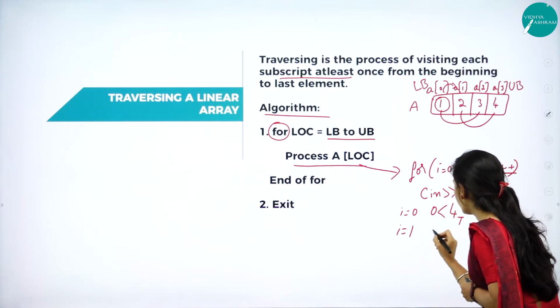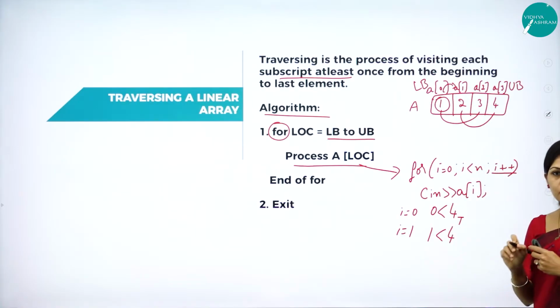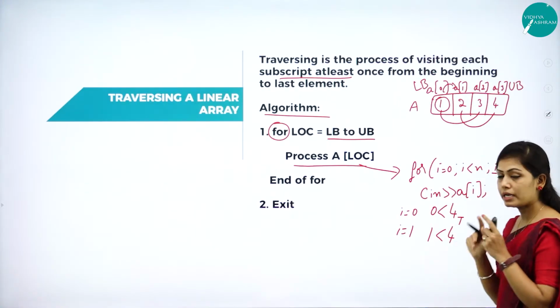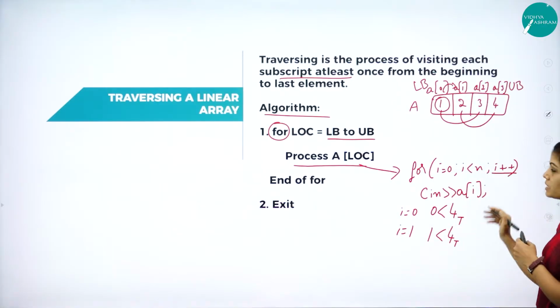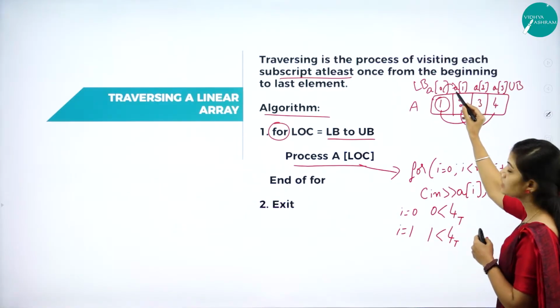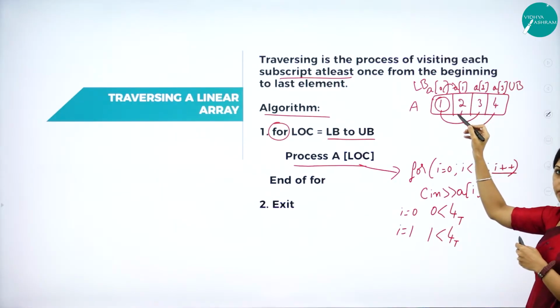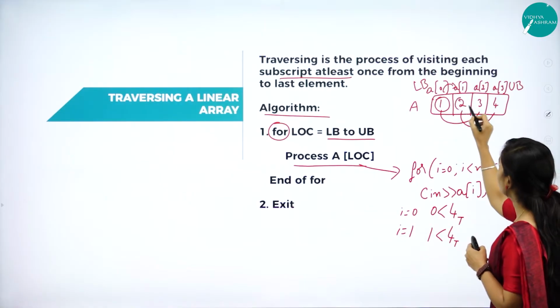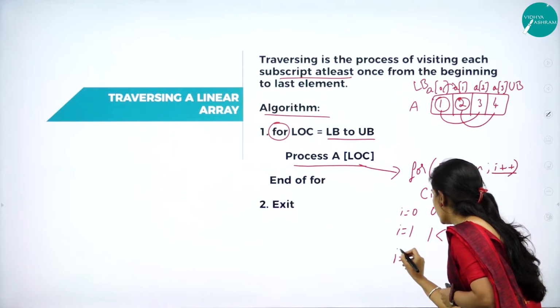So what is the value of I here? 1 less than number of elements, n value is 4. 1 is less than 4? Yes, the condition is true. The condition is true means in the position A of 1, element 2 is located and one value is incremented.